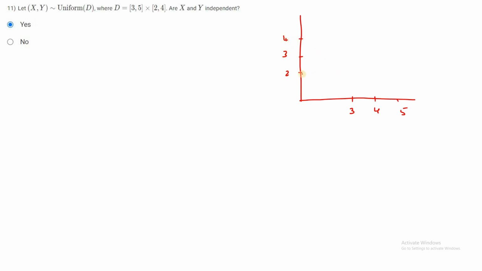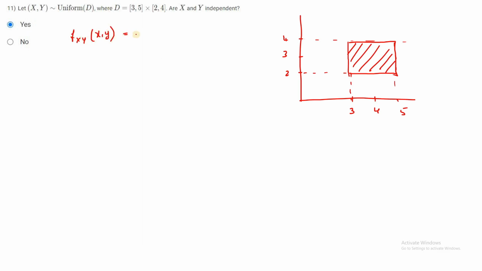So this is our area of interest, this is the D. What is the fxy of x comma y, the joint distribution?